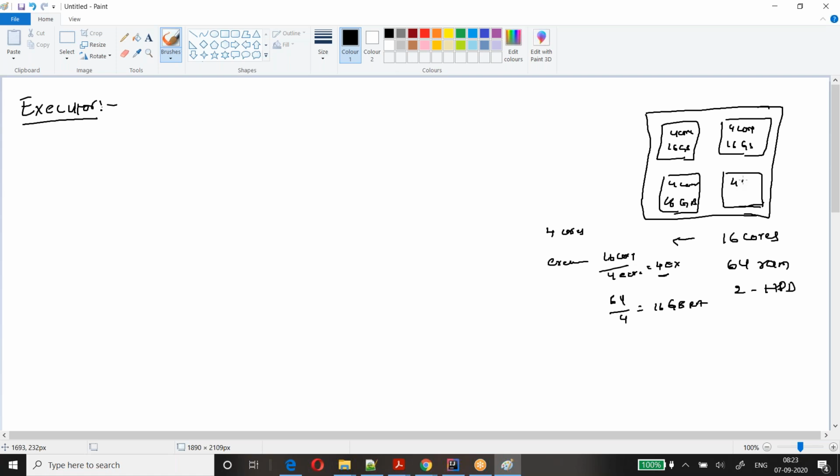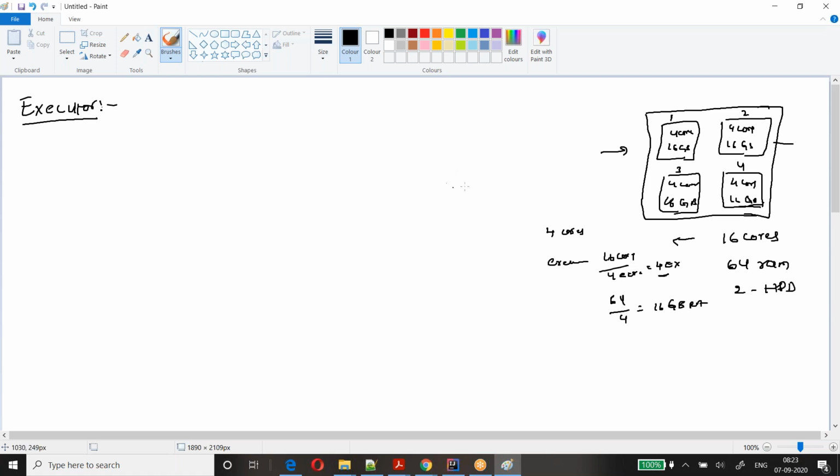Again here 4 cores, 16 GB RAM. It means 4 parallel processes we have. 1, 2, 3, 4. It means one physical machine has been divided into 4 virtual processes.